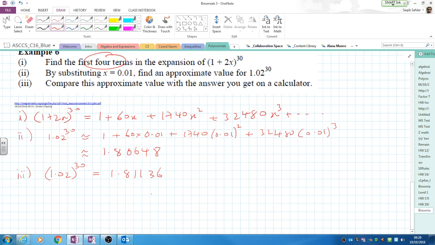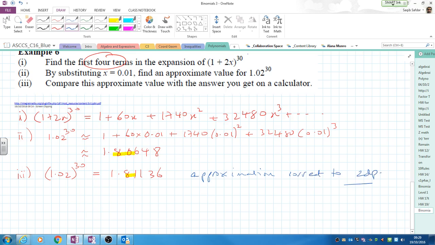1.81136. Okay, so therefore our approximation is correct to 2 decimal places, which is quite good. That's quite amazing, because look, there's 30 terms in the expansion.